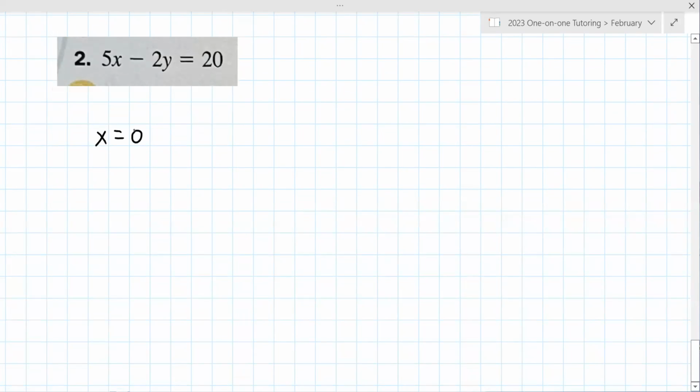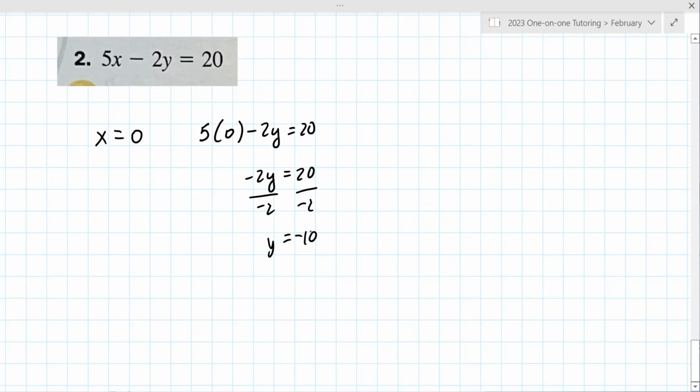I know you can't do this, but imagine if you could cover up the 5x, because 5x is zero because 5 times 0 is 0, and you're just left with the minus 2y equals 20. But if you don't see that, 5 times 0 minus 2y equals 20, it ends up being minus 2y equals 20 because 5 times 0 is 0. Divide by -2, and y equals -10.